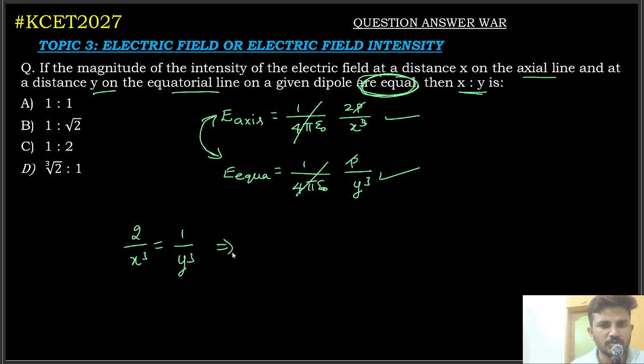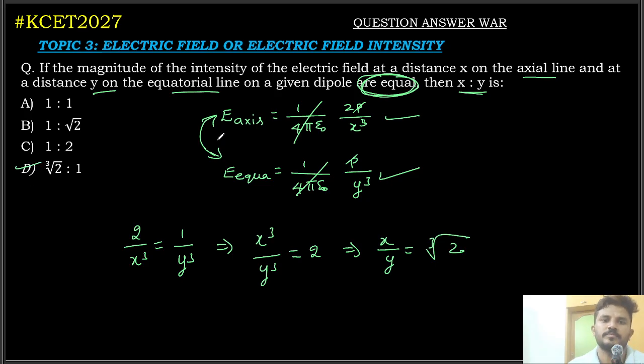I need to find out x by y. So x cube by y cube is equal to 2. Then from that you'll get x divided by y is equal to cube root of 2. So that's why option D is correct. That is cube root of 2 is to 1.